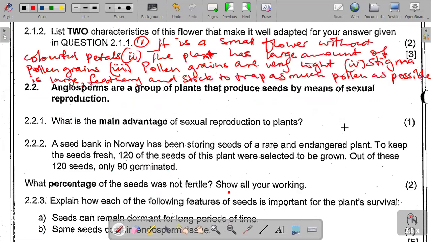Let's go to the next question. Angiosperms are a group of plants that produce seeds by means of sexual reproduction. What is the main advantage of sexual reproduction to plants?